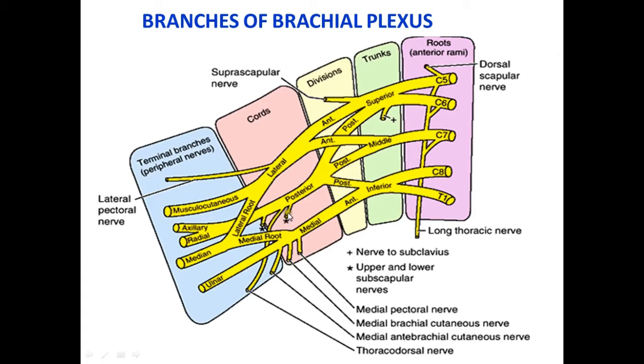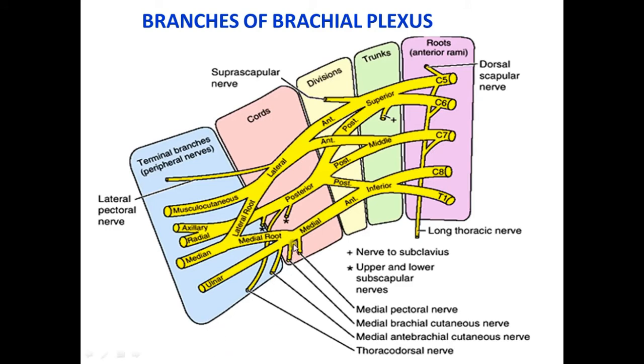That is the upper subscapular nerve, that is the lower subscapular nerve, and the thoracodorsal nerve is also emerging from the posterior cord, you can see over here. And from the medial cord, the medial pectoral nerve and the medial brachial cutaneous nerve are emerging.